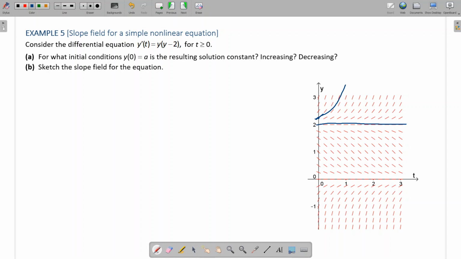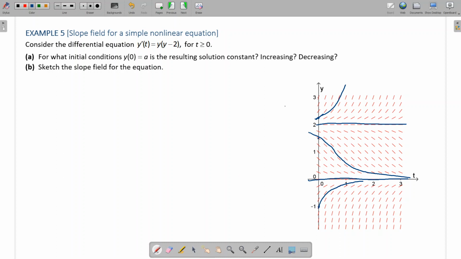If we pick something in here, then it's going to do roughly something like that, approaching this horizontal line. And that would be true no matter where you pick in that range. And then down here, it's going to look something like that.